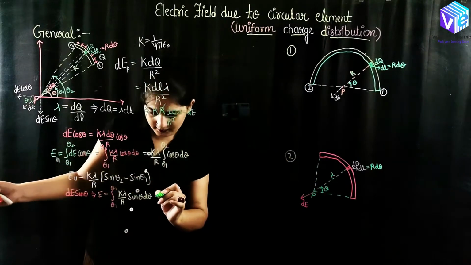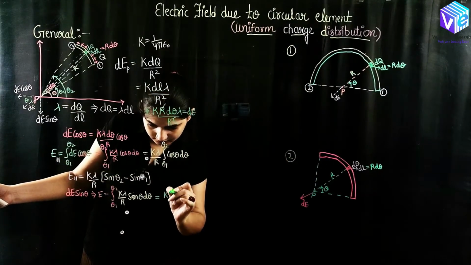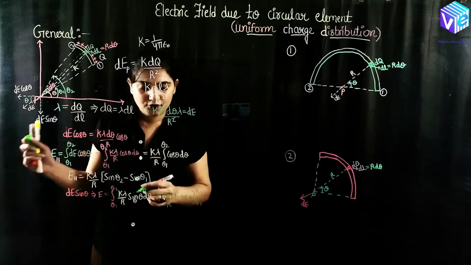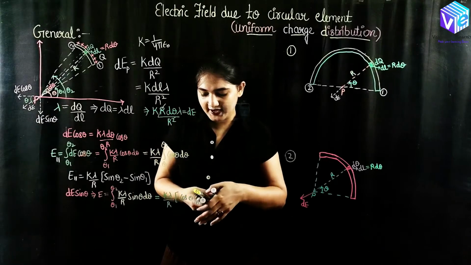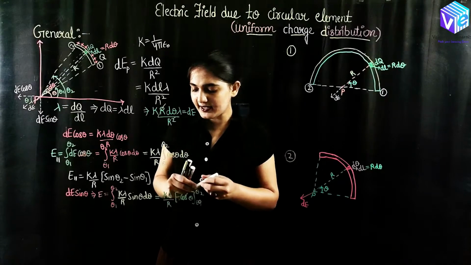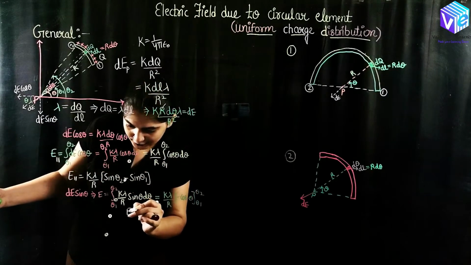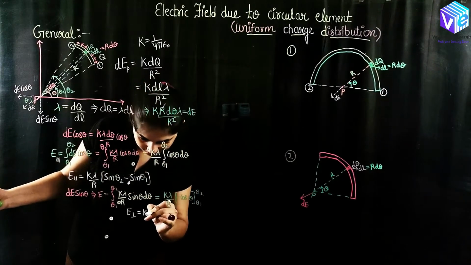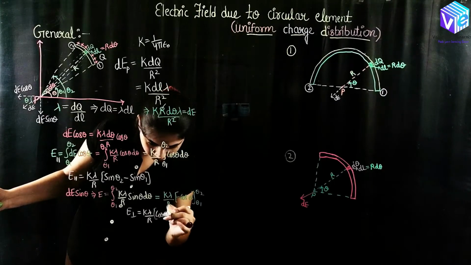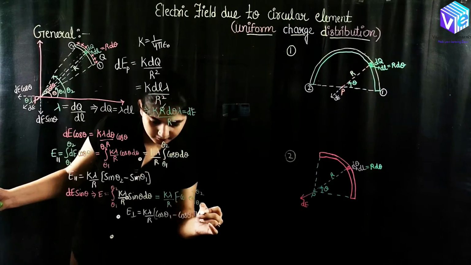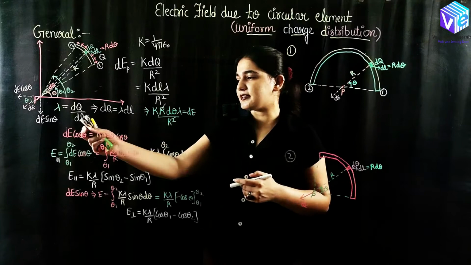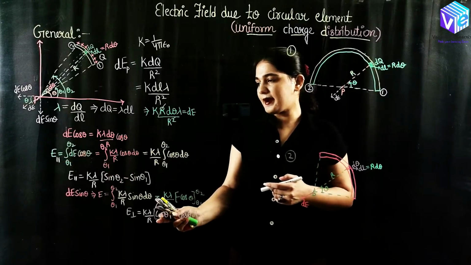So here, okay, the integration of sin theta is minus cos theta. So now we will be putting the limits here and the E perpendicular will be as follows. So this is how I will be finding out the two components, E parallel and E perpendicular.